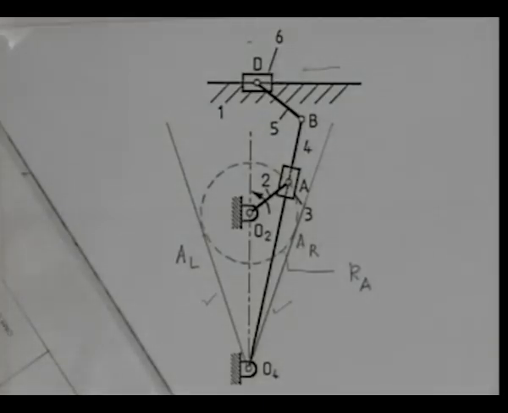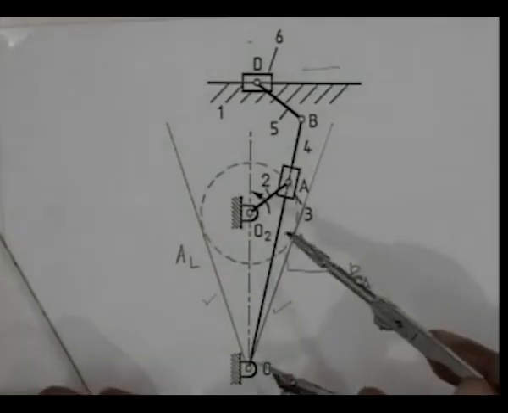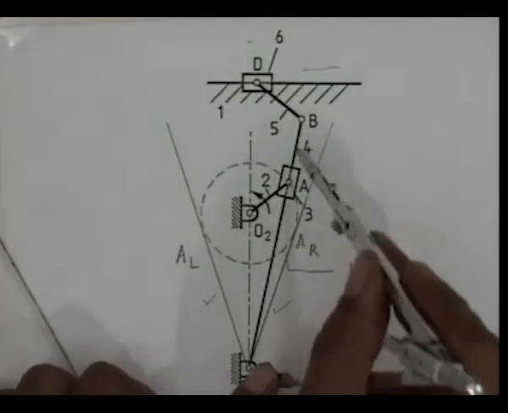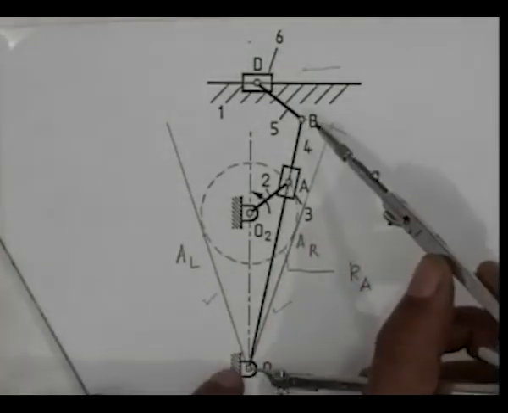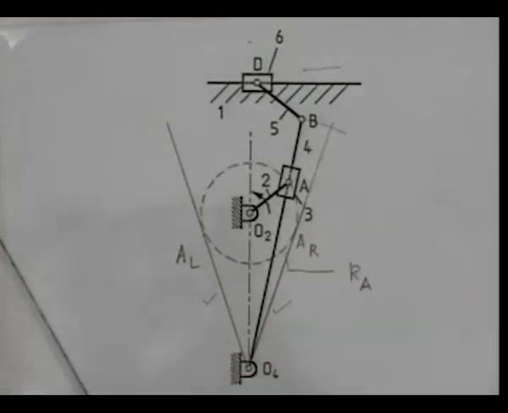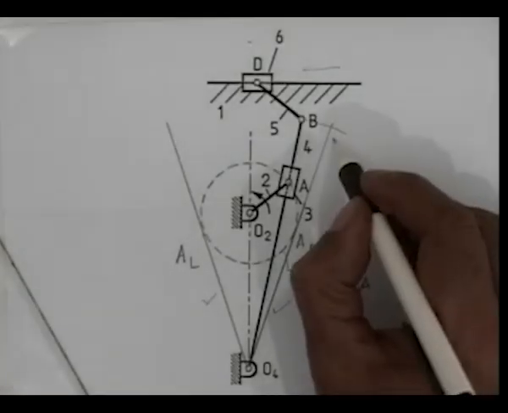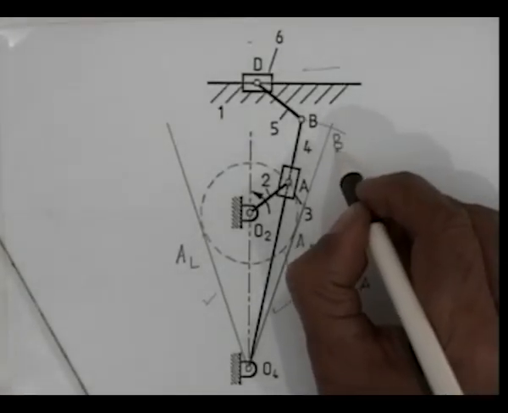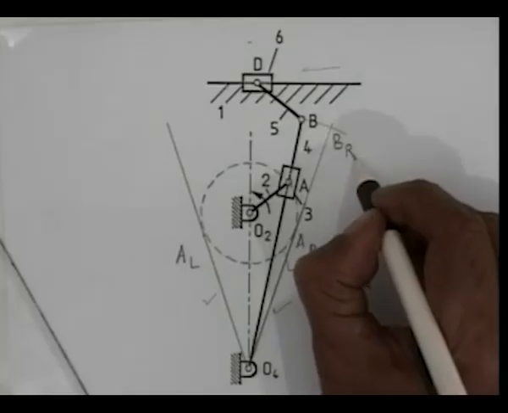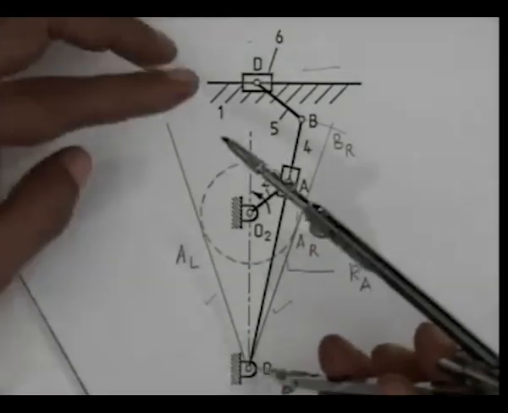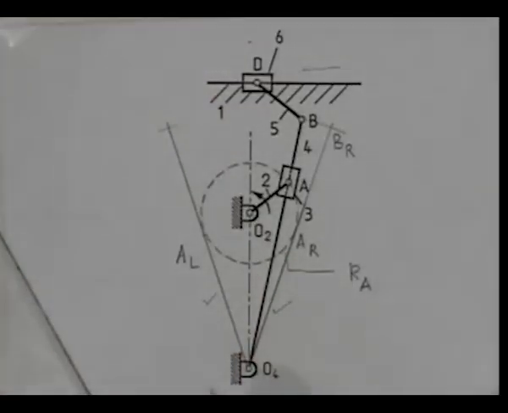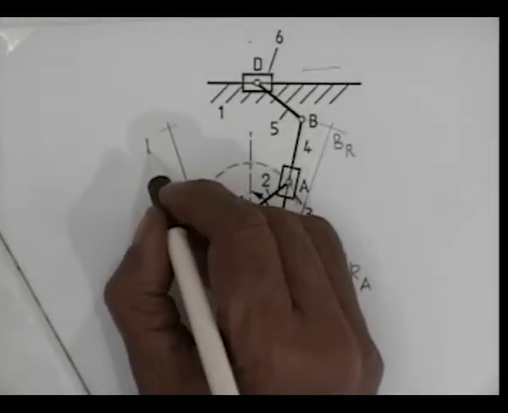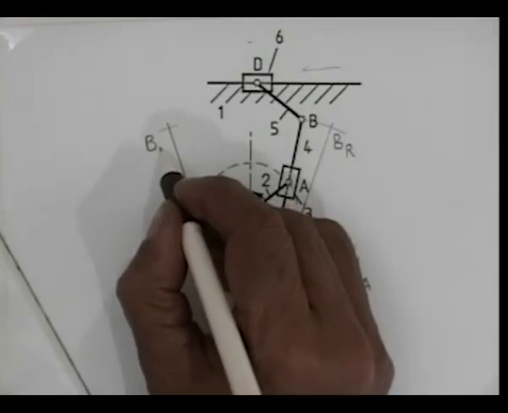Since the distance O4B does not change, I can also locate the rightmost position of the revolute pair B by drawing this circular arc with O4 as center and O4B as radius. So I get this point, which I call BR, denoting the rightmost position of B. The same way, on this line O4AL, I locate the leftmost position of the revolute pair, BL.